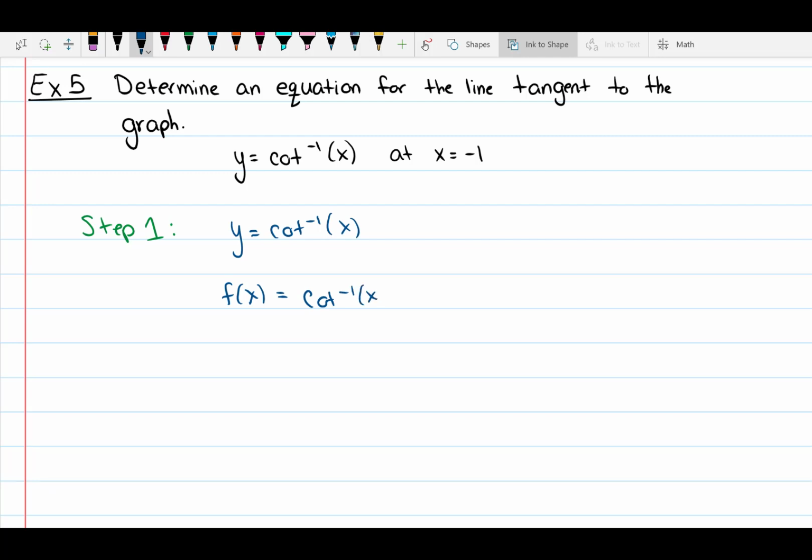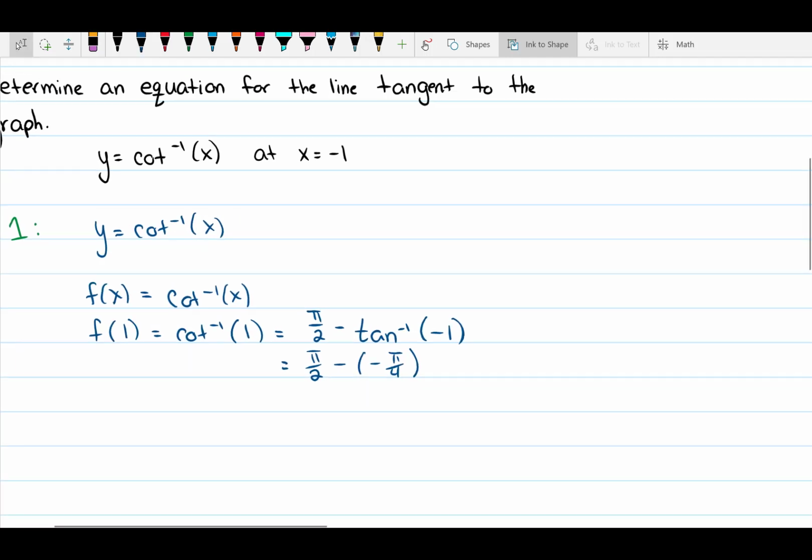So f of x equals cotangent inverse of x, and f of -1 is cotangent inverse of -1, which is equal to pi over 2 minus tangent inverse of -1. Another reason why this is helpful is if we're not dealing with a familiar number like -1 or 1/2, but something like 0.85, then we can use our calculators.